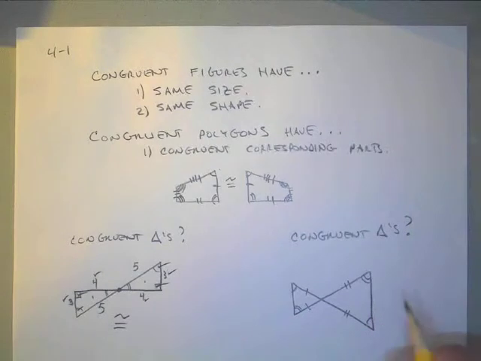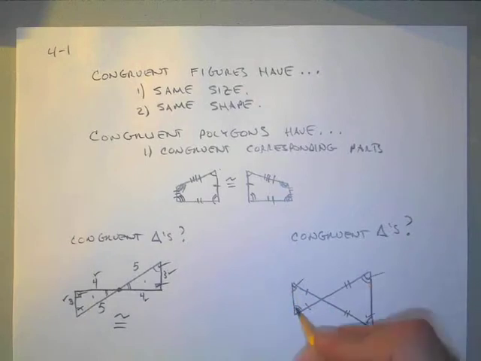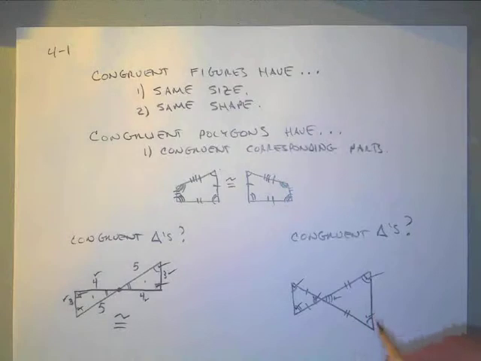Well, let's check the angles first. This angle corresponds with that angle, and they're congruent. This angle corresponds with this angle, and they're congruent. And these two are vertical angles, so they have to be congruent. So all the angles are congruent. But this is interesting. We don't know about those sides, but this side and this side are corresponding, and they are not congruent.